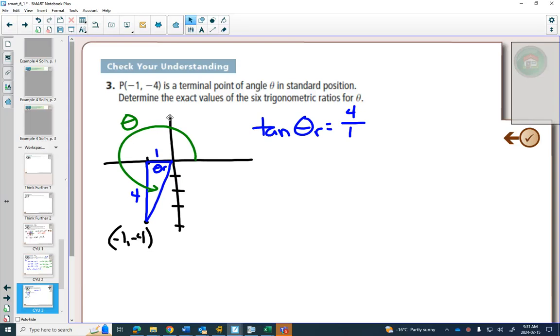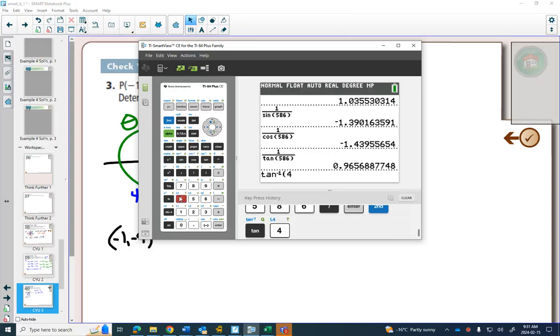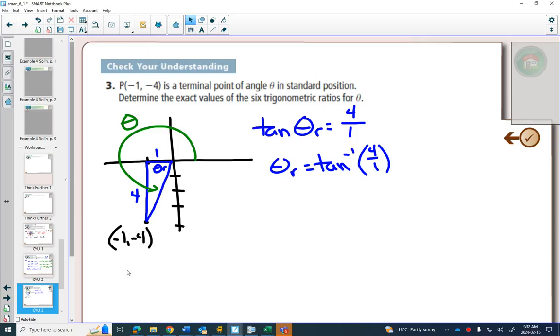So I'll go to my calculator, and to find my reference angle, I would type in tan inverse of 4/1, which is just 4. So tan inverse of 4. And I find my reference angle to be 76 degrees. Does it say to the nearest? It doesn't say. Oh, okay.